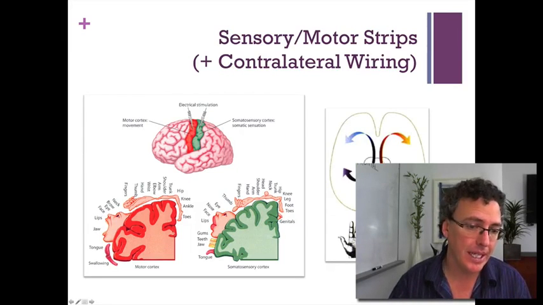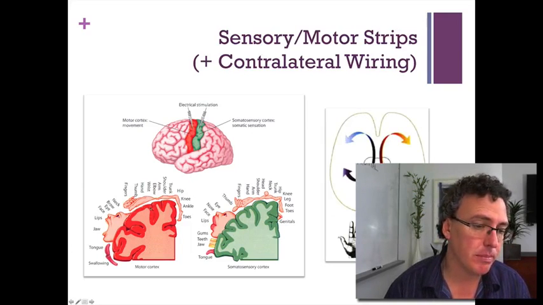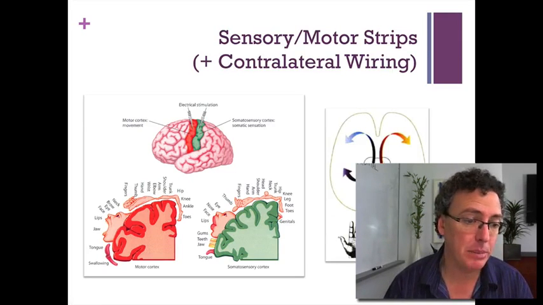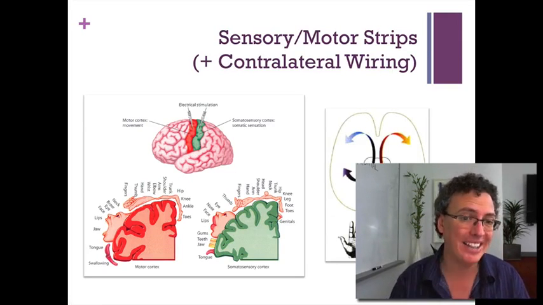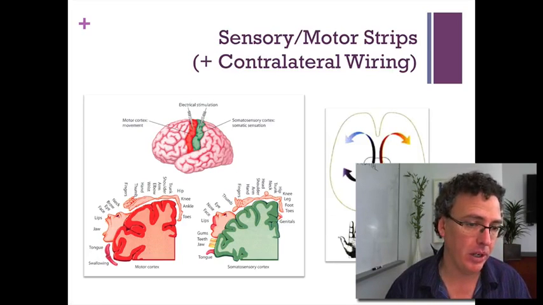And so once again, we have this asymmetric representation in the sense that the amount of brain tissue devoted to a given body part is proportional to the usefulness of that body part in terms of manipulating the world or acting. So how much we actually move and use that body part.